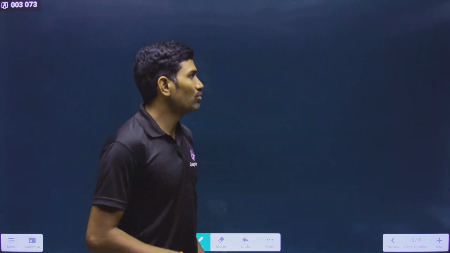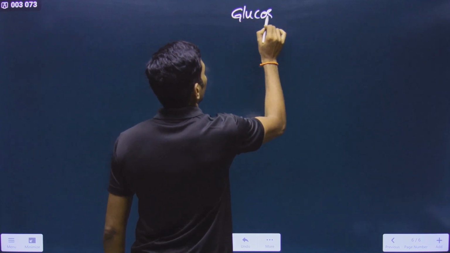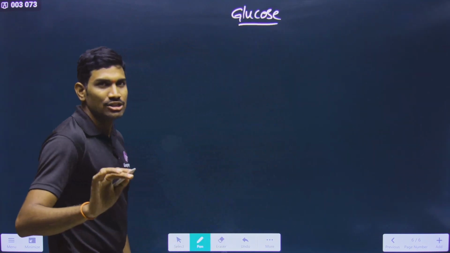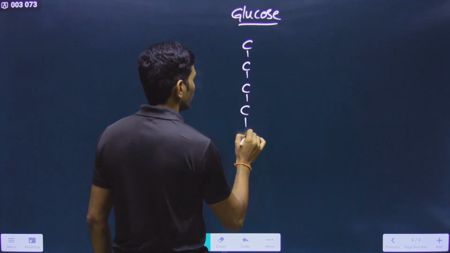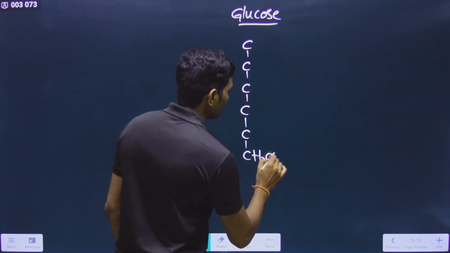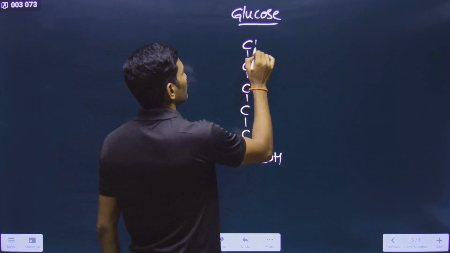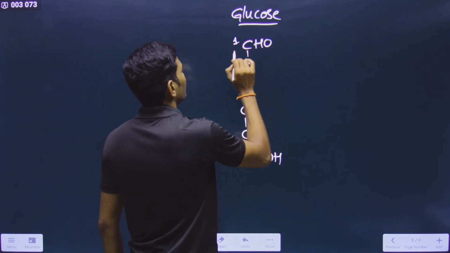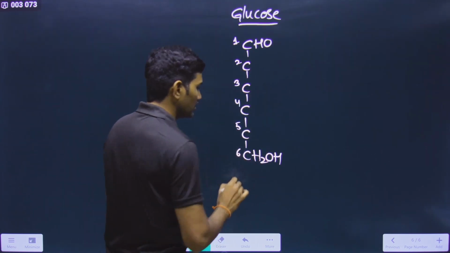So in the case of glucose, first in the middle I will write the glucose in the same way as they have given. In the case of glucose, total 6 carbons are there. 1, 2, 3, 4, 5 and 6. The last carbon is CH2OH. And please remember, it is aldehyde group containing. So the aldehyde always comes in the first position. This is the first carbon, second carbon, third carbon, fourth carbon, fifth carbon, sixth carbon.